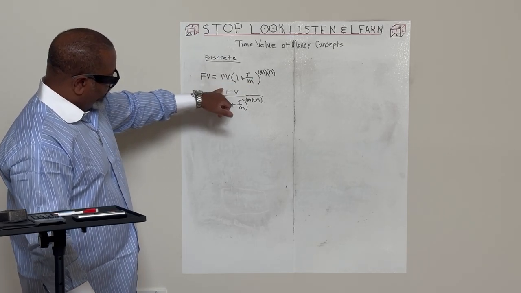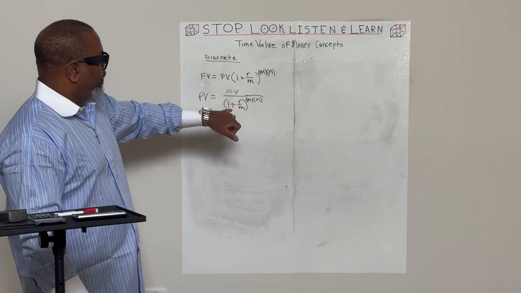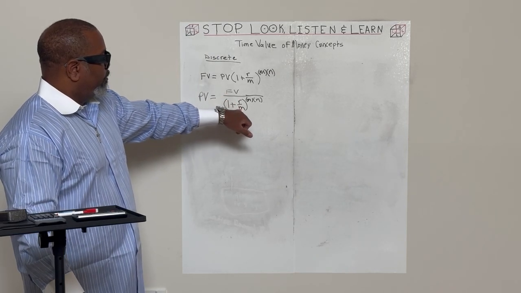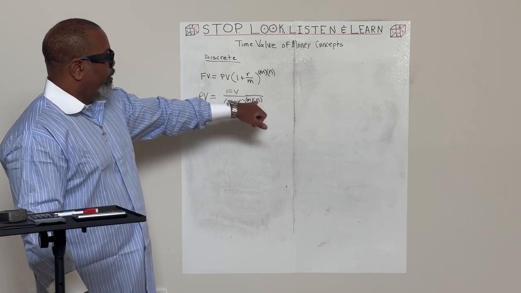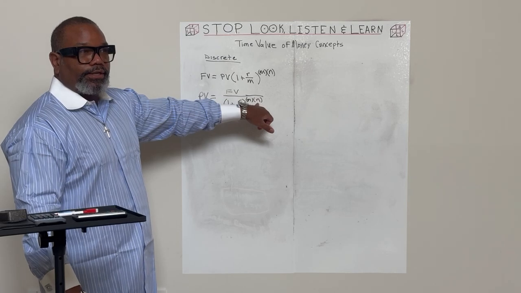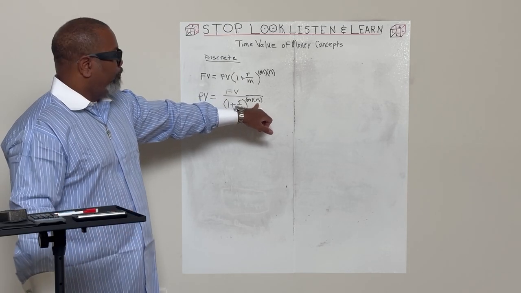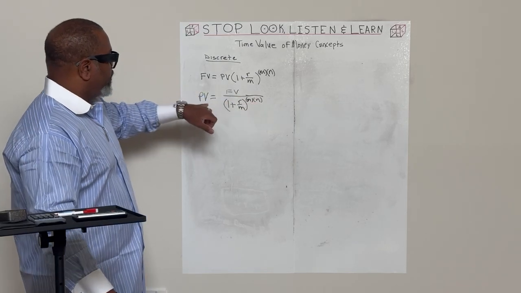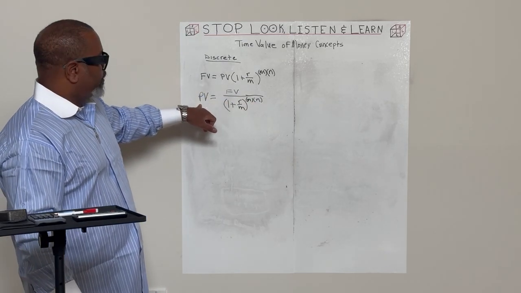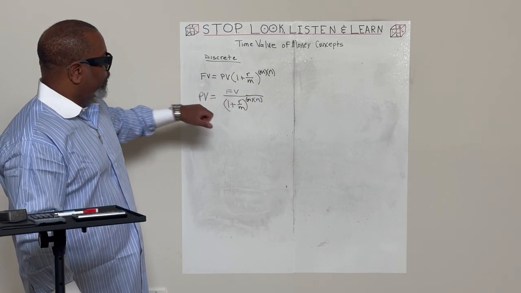So if you plug in $100,000, the stated rate, the compounding frequency, the number of years you're gonna invest before you want to get the 100,000, that'll tell you how much you need to invest today in order to get it.